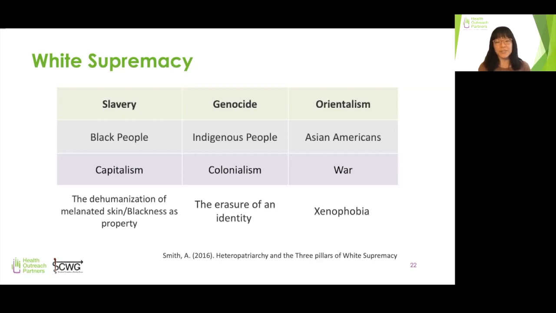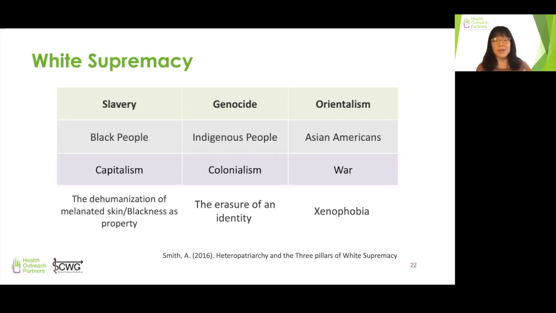But I do want to point out, and this is from an article written by Angela Smith, what she calls the 3 pillars of white supremacy, and how these 3 concepts can really help uphold white supremacy. And it's organized around things like slavery, where slavery relates to the dehumanization of the Black body and looking at it as property.